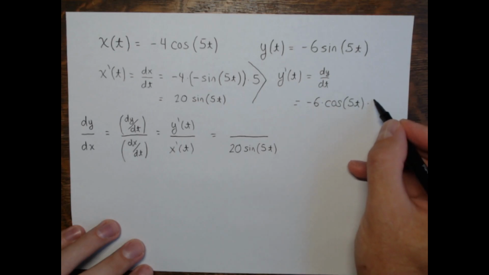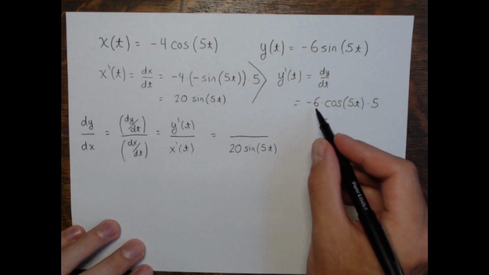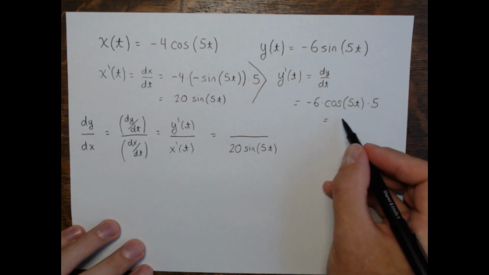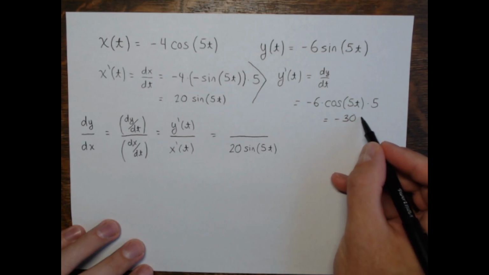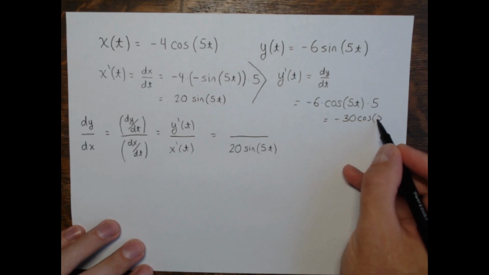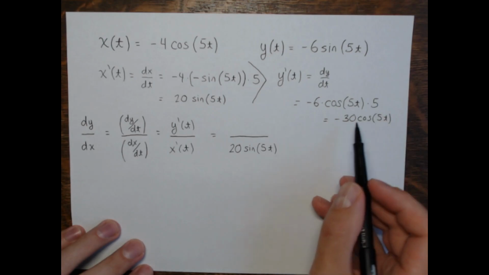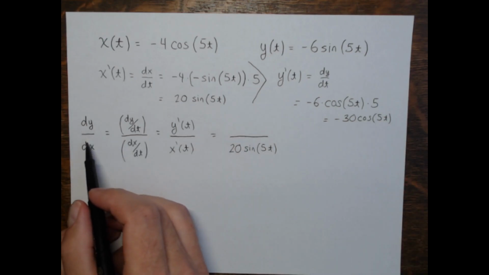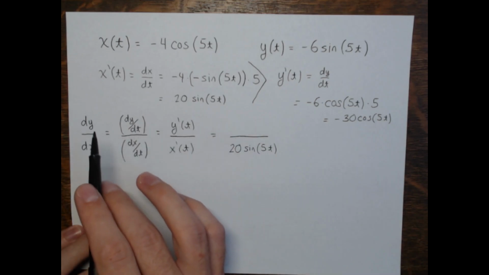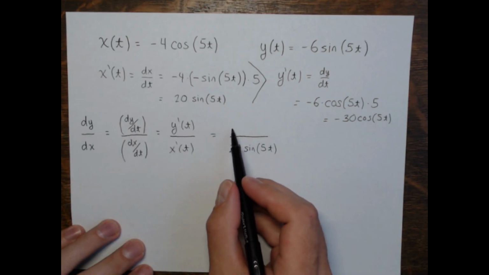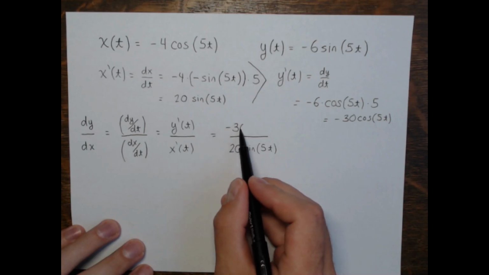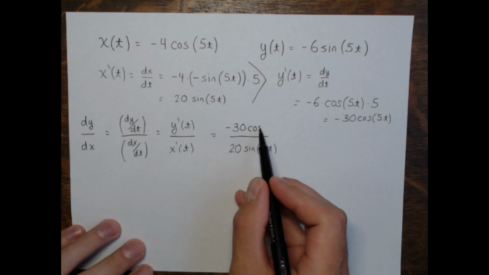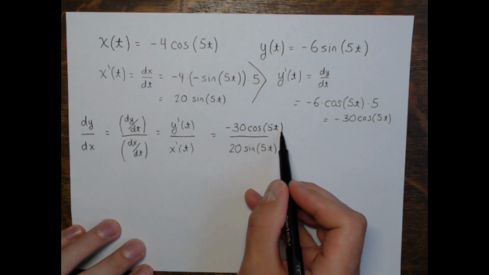So chain rule, times 5. So we have -6 times 5, -30 times the cosine of 5t. And that's going to go in the numerator of the expression representing dy over dx here, the slope of our tangent lines, and -30 times the cosine of 5t.